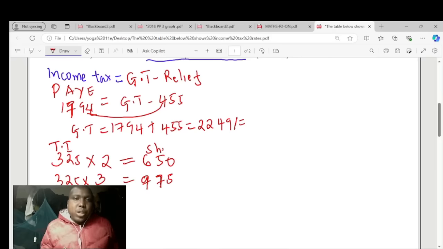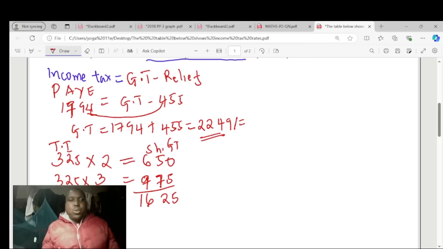Now, if you try to go to the next band, if you go to the next one times 4, you realize that this amount of money, this is our gross tax, this is our GT, will go beyond our total. So kwa hivyo hatutaenda next slab. So tunaongeza hii kwanza tuone, next slab tunaenda for the remaining yenye imebaki. So this one is 5, 12, 16. Ukienda next slab itaenda beyond 2249 yenye tulikuwa nayo. Now the remainder is 2249 minus 1625, which is the remaining is 624.